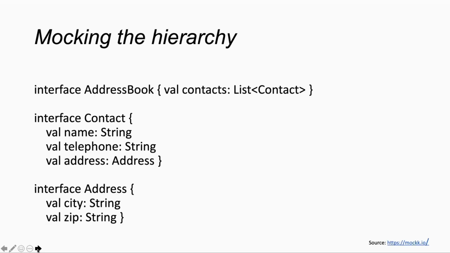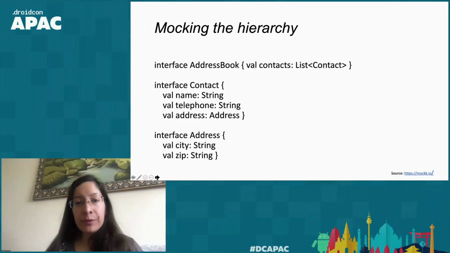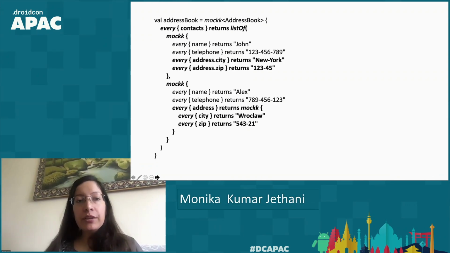Now moving on to mocking the hierarchy. Here I have an interface AddressBook which contains a list of contacts, which in turn is again an interface which contains a variable which is again an interface of address, which contains city and zip code. I can achieve this hierarchical mocking as well with MockK.